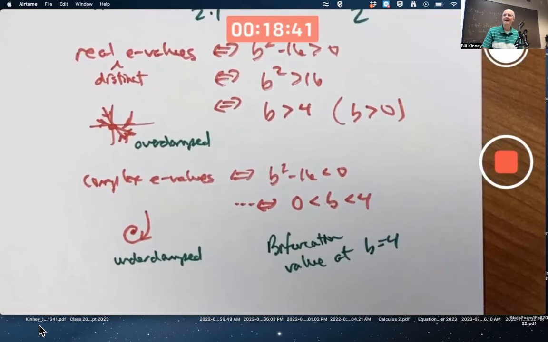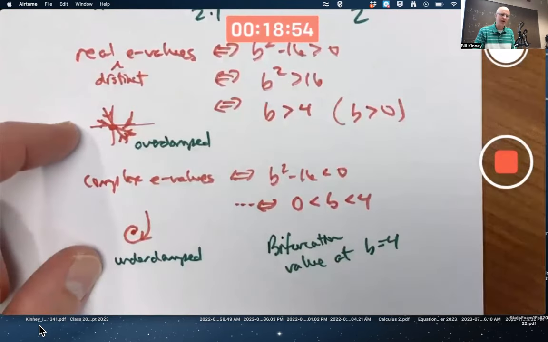Though, a little funny here, there's a species of mathematician called a topologist who would disagree with us on this, that that's a bifurcation value. Because to a topologist, they don't care about spiraling versus non-spiraling. All they care about is that it's a sink. A sink is a sink is a sink. I don't care if it spirals or not.